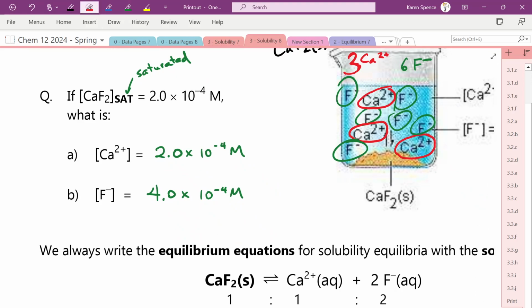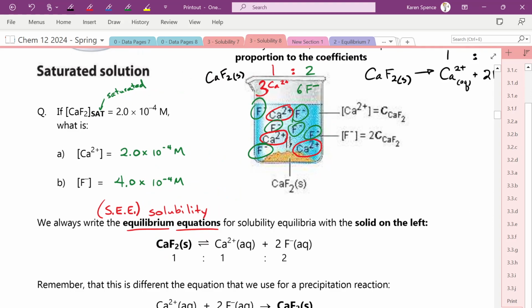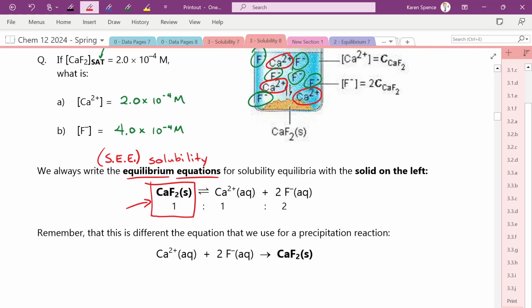And remember, we always write the solubility equilibrium equation, the C, with the solid on the left. And remember, that's different from the precipitation equation, the PE, where the solid is on the right.